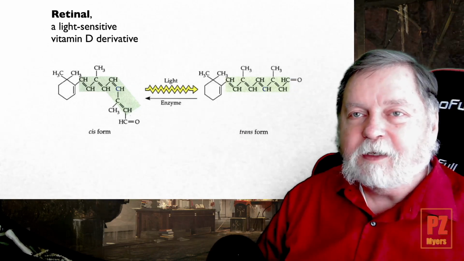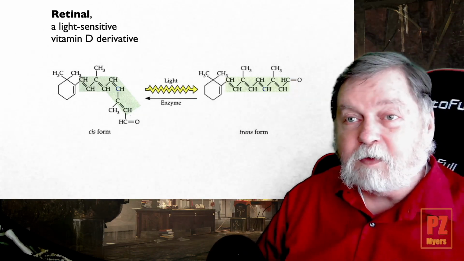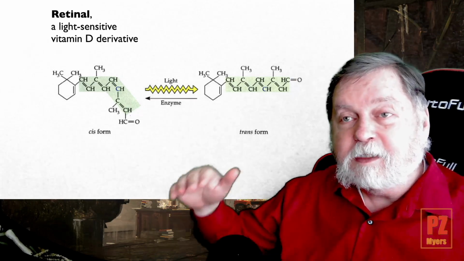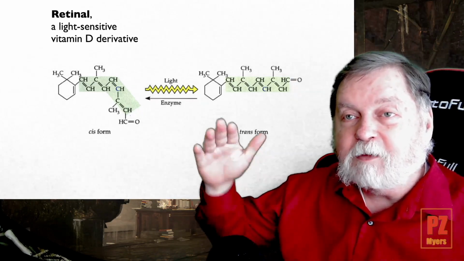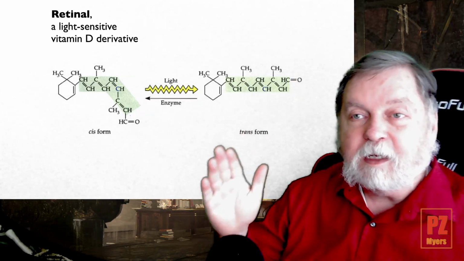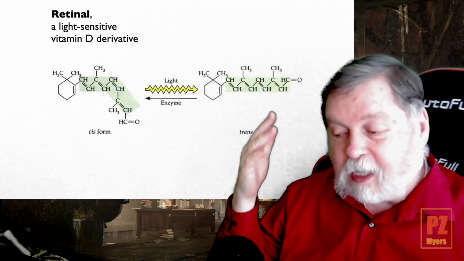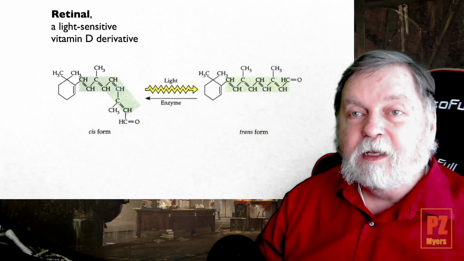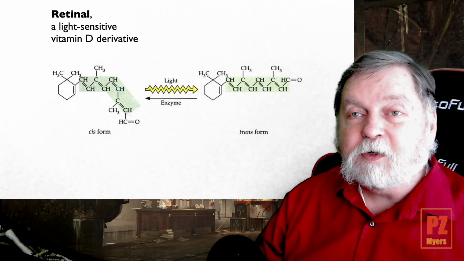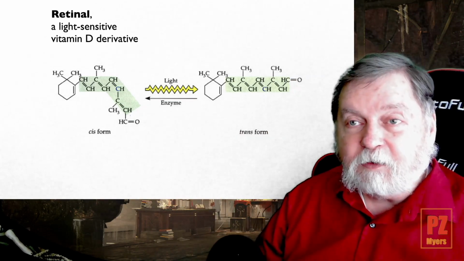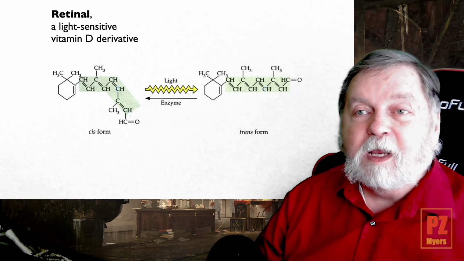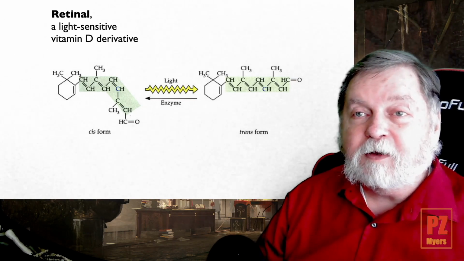Pretty basic, huh? It's just absorbing a little energy from a photon. And then there's an enzyme that uses ATP that can put the bend back in it. So we've got a sensor now. You can just have this molecule sitting in your cell and measure the concentration of the cis form versus the trans form, and you have a measure of the amount of illumination falling on the cell.